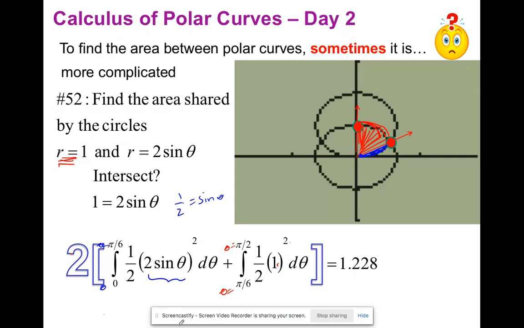The second example, I had 2 curves, but I had overlapping pieces where I needed an area and I had to subtract. I had a bigger area and I had to subtract off a smaller one. But I could keep the same integral, because I didn't change boundaries. Here, though, I changed, and I had 2 separate pieces I needed to add together.